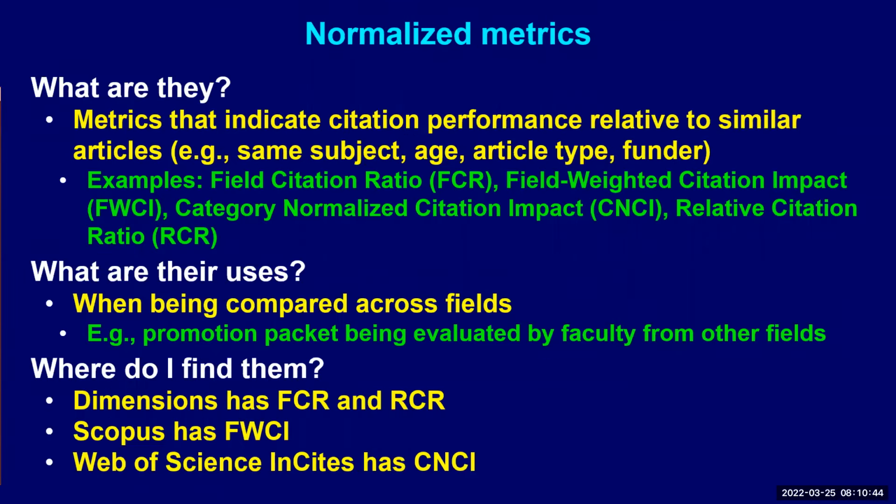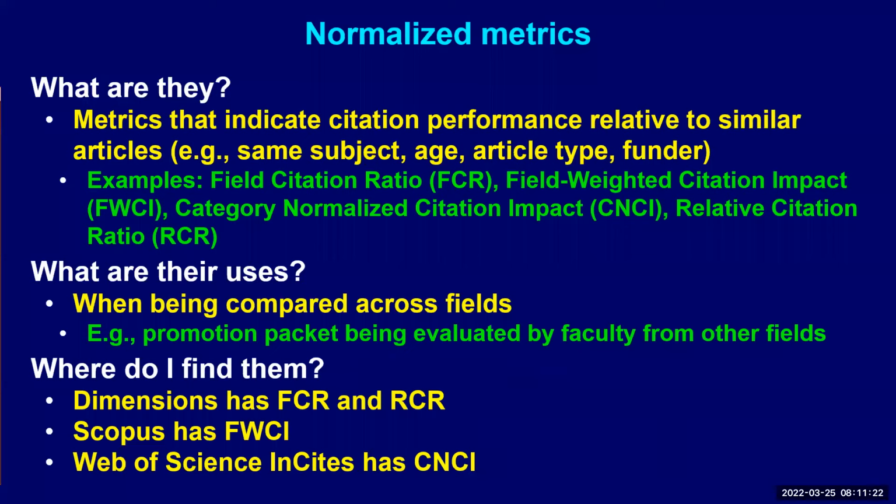Which leads me to talk about another type of item level metric that goes beyond just a simple count. And it compares the citation performance to other articles in the same field or of a similar age or from the same funder. These metrics have names like field-weighted citation impact and category normalized citation impact.